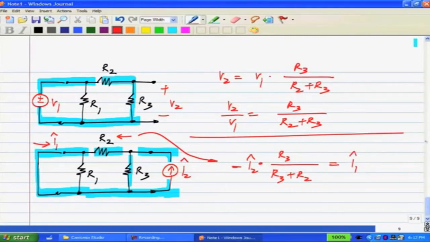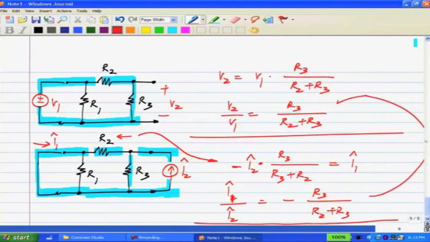Again, if we calculate the response by excitation, I1 hat by I2 hat equals minus R3 by R2 plus R3, and you can see that these two ratios of response by excitation are related by a factor of -1, exactly as we expected.